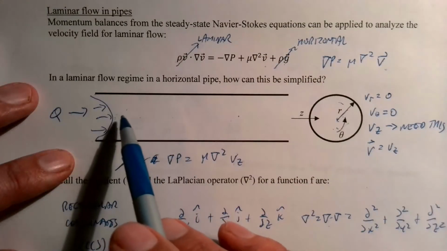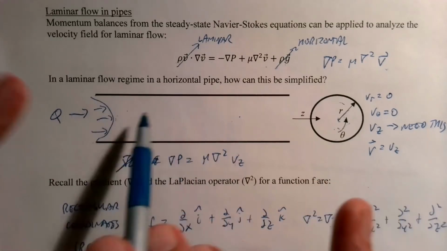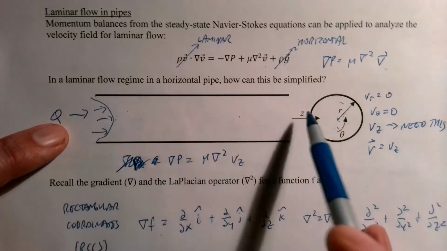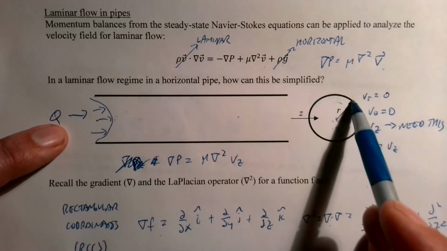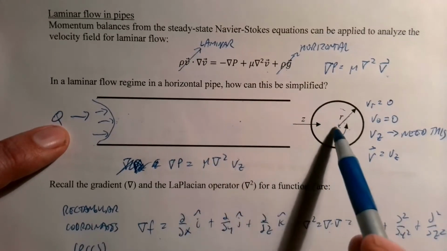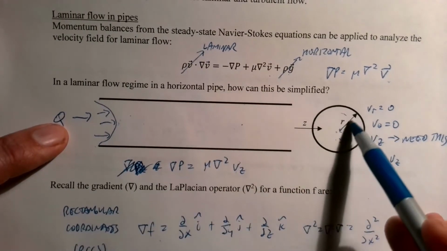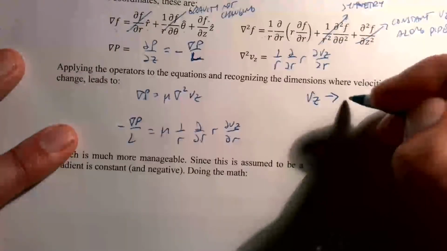We think it's going to be the same going down the pipe. We're ignoring entrance effects and assuming it's steady, but it's going to change if I go from the middle to the outside. We expect it to be 0 at the wall, no slip condition, and then bigger in the middle. So we're trying to predict v as we go out in the r direction. So v is our dependent variable.